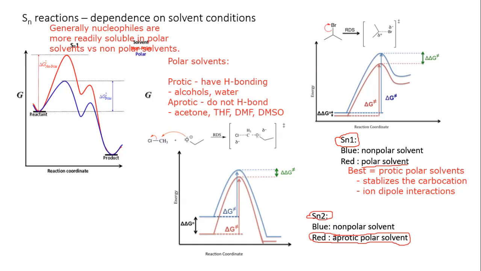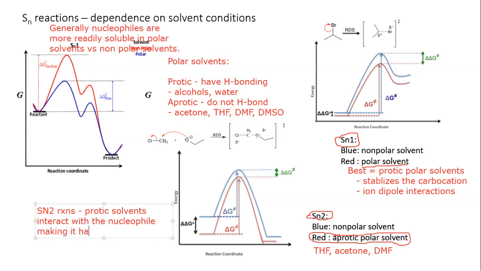Again, aprotic polar solvents are things like THF, acetone, DMF, etc. The reason we like aprotic polar solvents is that in SN2 reactions, protic solvents interact with the nucleophile, making it harder for it to attack the alkyl halide. So again, for SN2 reactions, we prefer aprotic polar solvents.